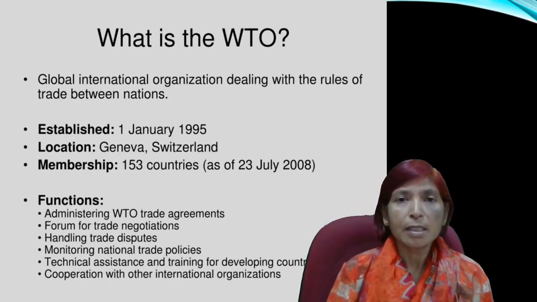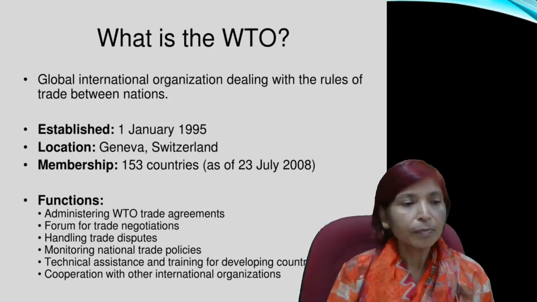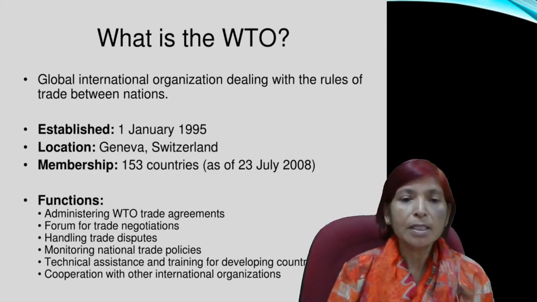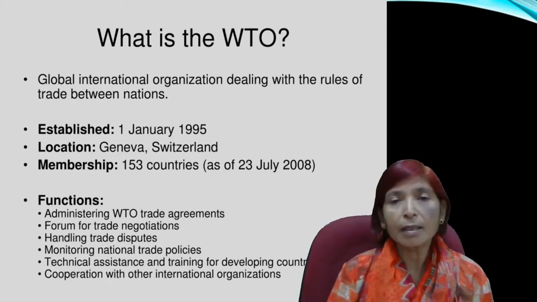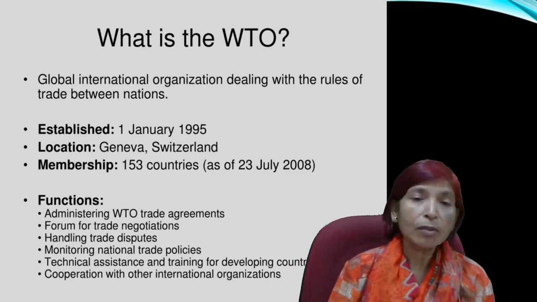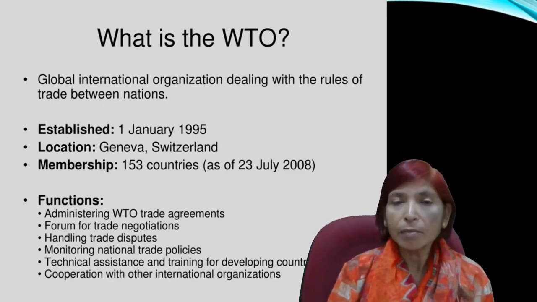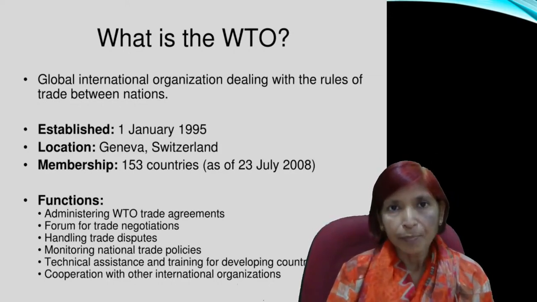Its main head office is in Geneva, Switzerland, and at present more than 160 countries are member countries of WTO. But when GATT was established, at that time only 23 countries were member countries.